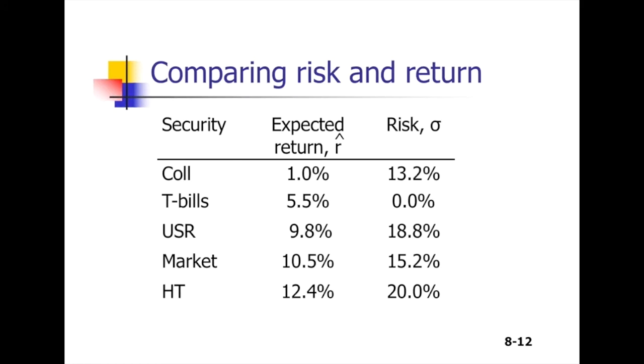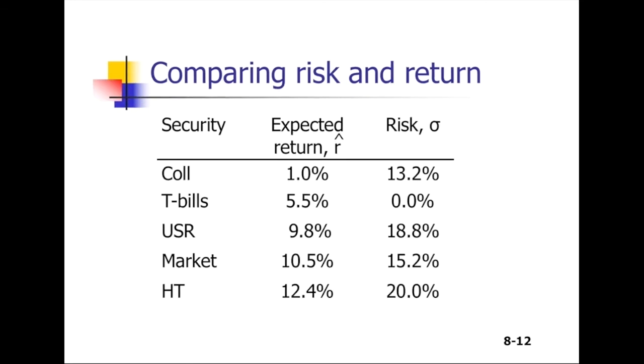Let's jump to this slide. As I mentioned before, there is one fundamental relationship between risk and rate of return. So we can say high risk means high expected return, right?